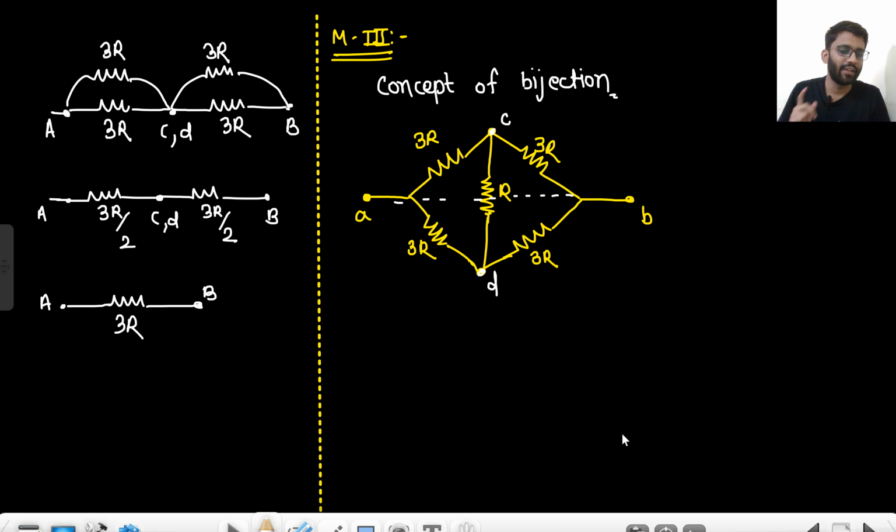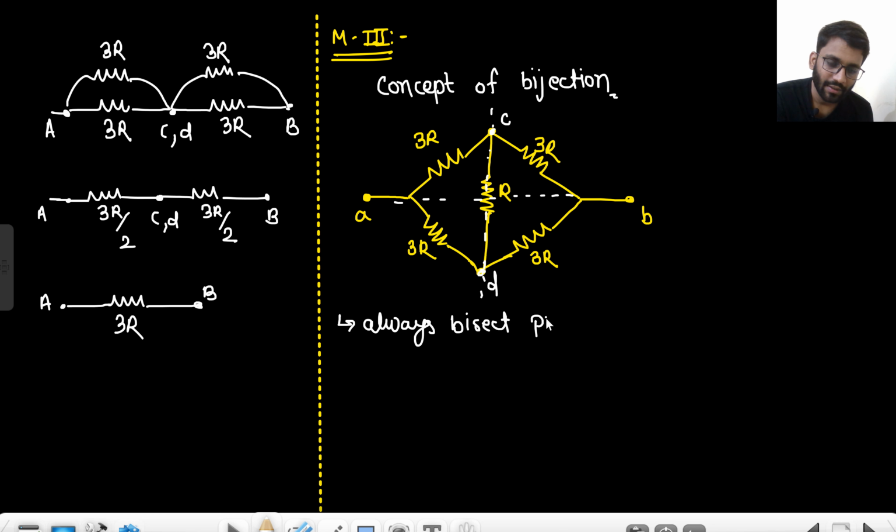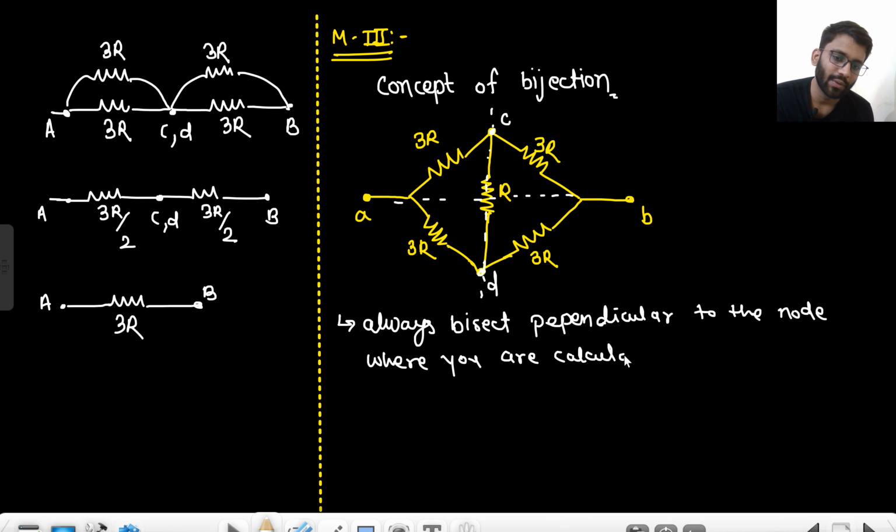But this is not how we will bisect. There is this way of bisecting, and there is also this way of bisecting. So there are two ways of bisecting. Always bisect perpendicular to the nodes where you are calculating your output resistance, your equivalent resistance.